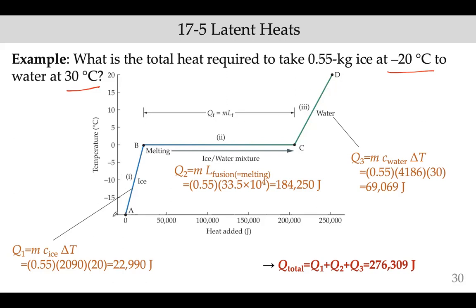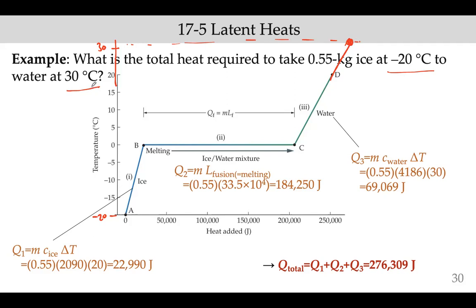So you start with ice at negative 20 degrees. So here it's negative 20 degrees. And then you want to get it to 30 degrees. So this is 30. So you want to get it to 30 degrees here.